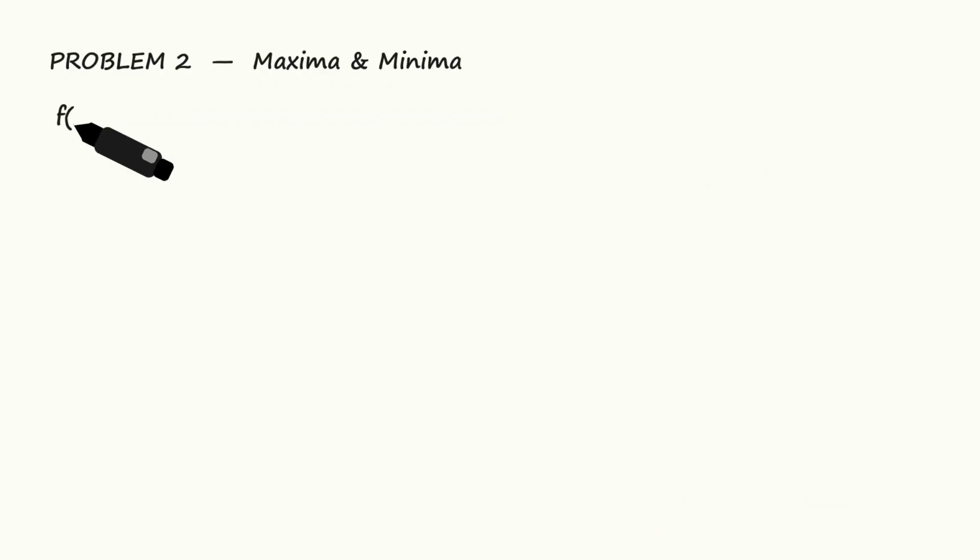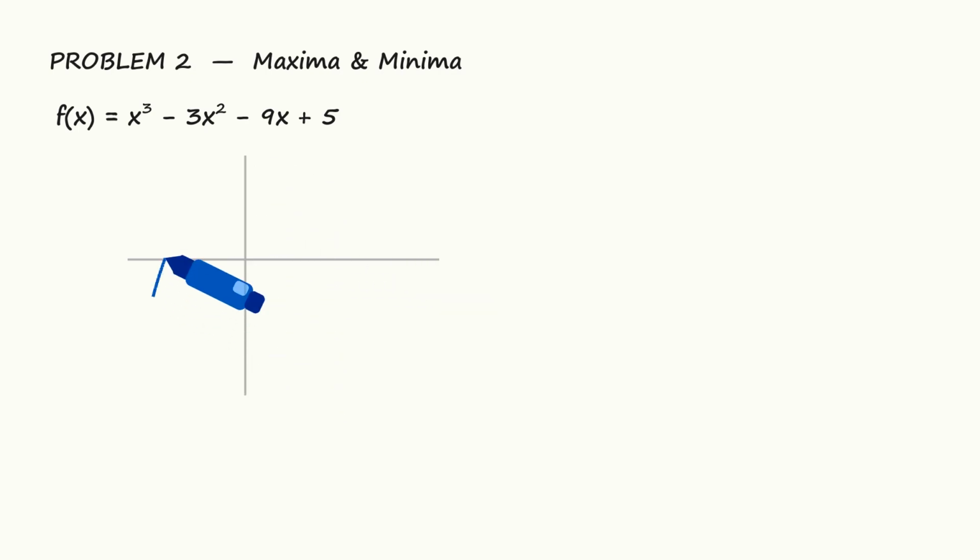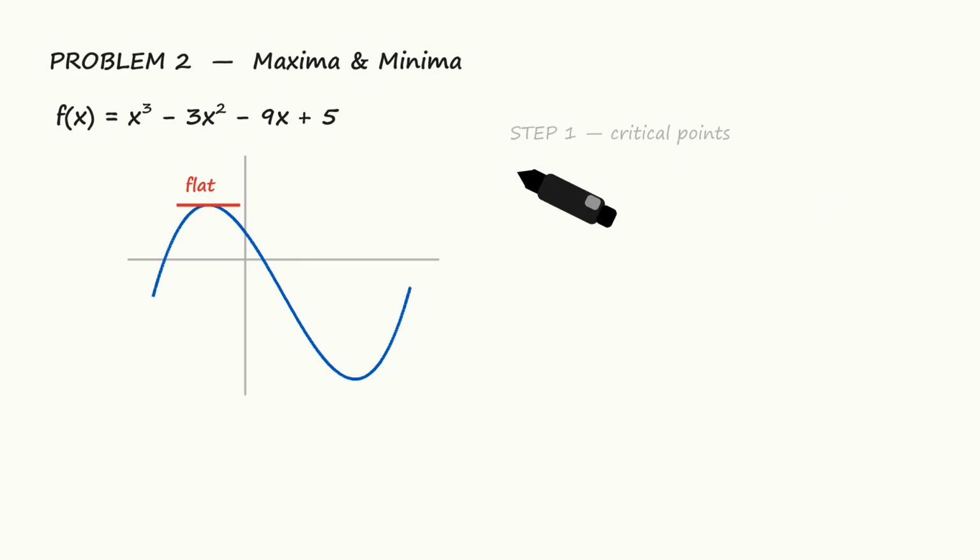Second problem. Find the local maximum of this cubic. Before any algebra, look at the picture. At the very top of a hill, for one instant, the curve is flat. Flat means slope 0. Slope 0 means the derivative is 0. Step 1. Set the first derivative to 0.